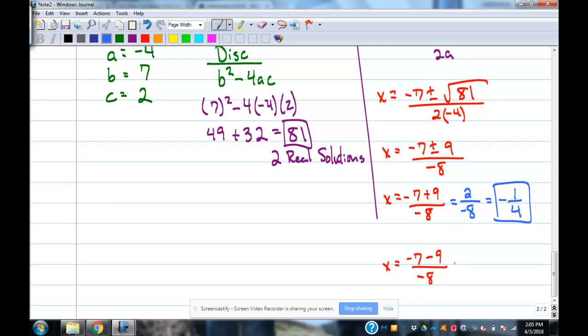What's negative 7 minus 9? Negative 16 over negative 8, which is 2. We have a solution of negative 1/4 and positive 2. So far, so good, maybe.